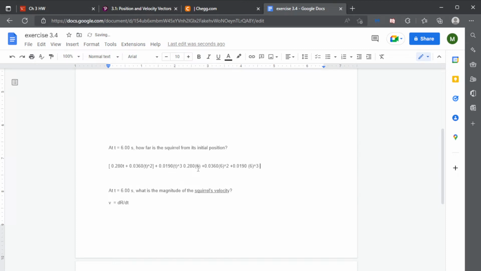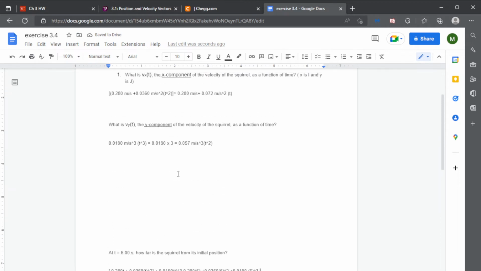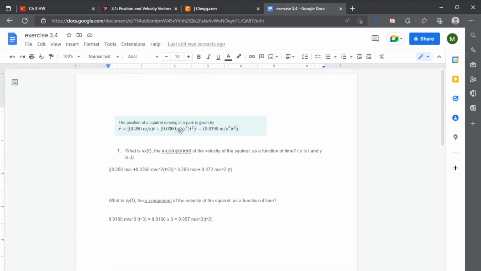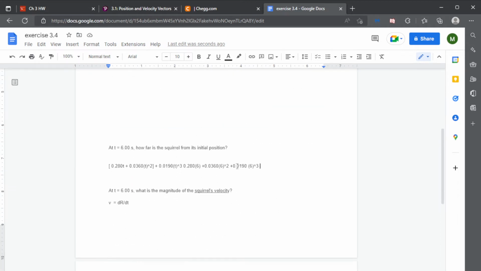Remember that this one right here represents i, so we're going to put i right here. So bracket i, and this will be j. This represents x, this represents y. So what we need to do is solve them all together.